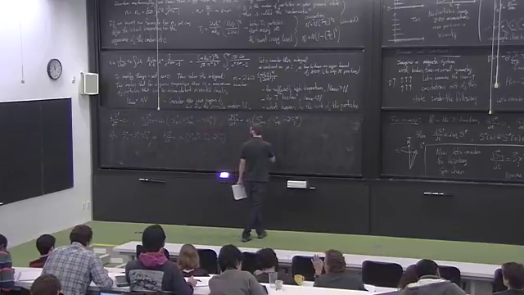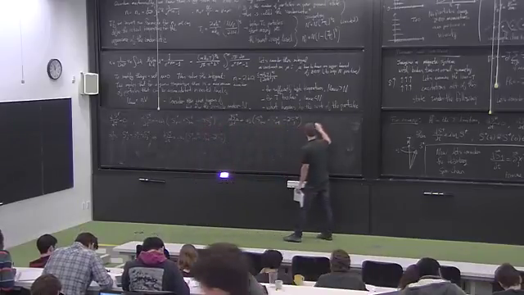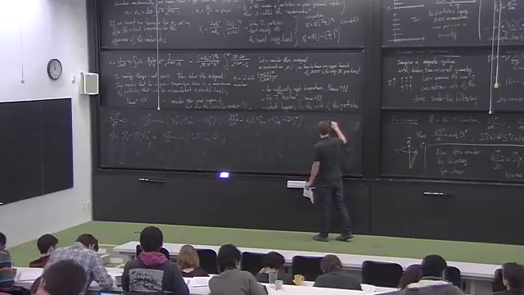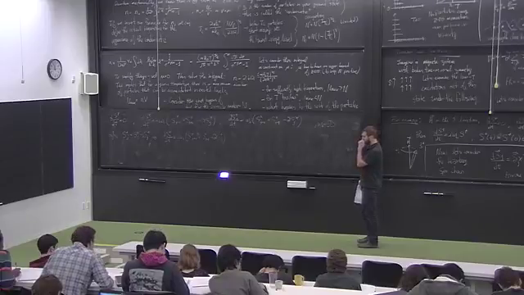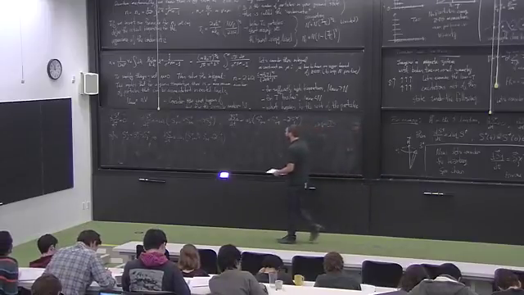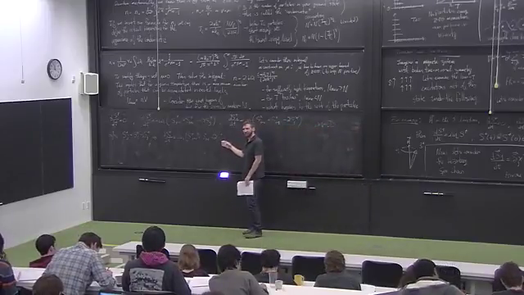And, oh, I forgot to define omega naught. Of course, just JS. Okay, and so this is my set of equations that I need to solve.